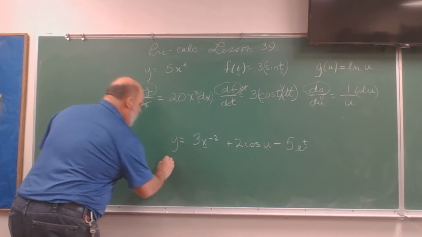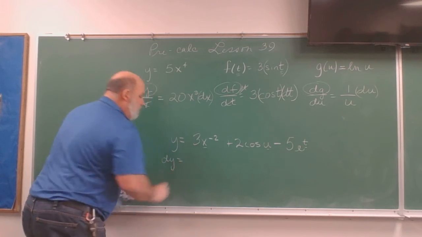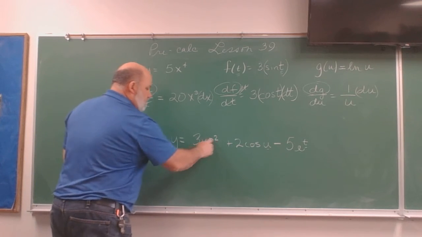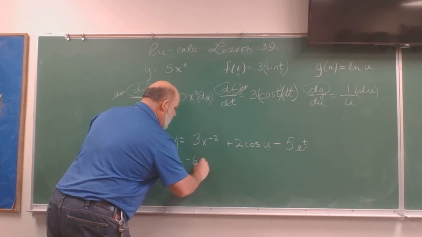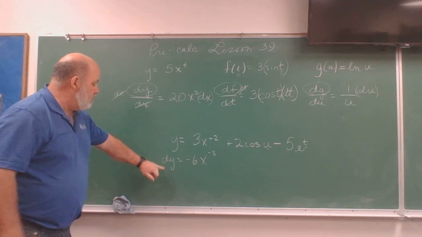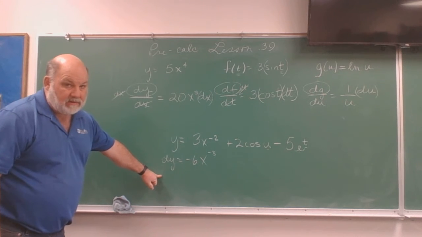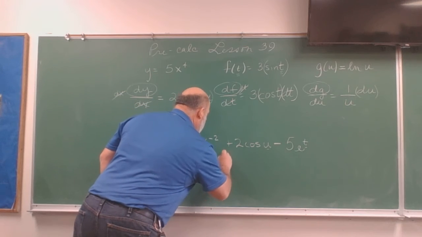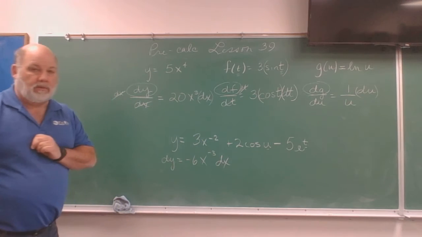So dy is going to be the derivative of 3x to the negative 2. Negative 2 times 3 is negative 6x. Subtract 1 from 2, I get negative 3. But notice they don't have dy over dx. They want that dx out here, with respect to x is what they will sometimes say.